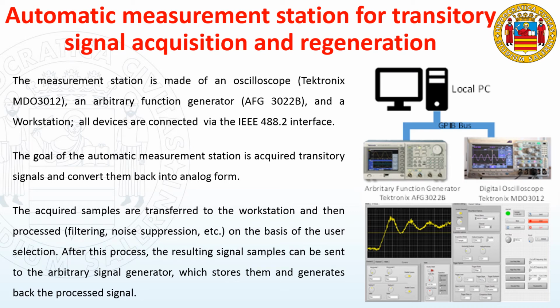In particular, the acquired samples are transferred to the workstation and then processed using filtering, noise suppression algorithms and so on, on the basis of the user selection. After this process, the resulting signal samples can be sent to the arbitrary signal generator, which stores them and generates back the processed signal.